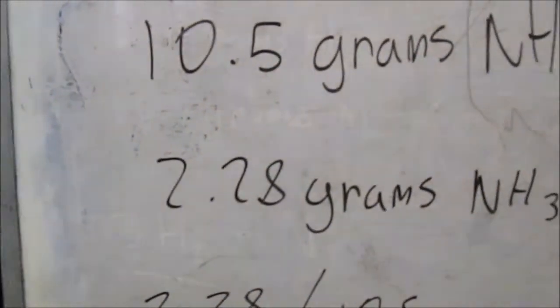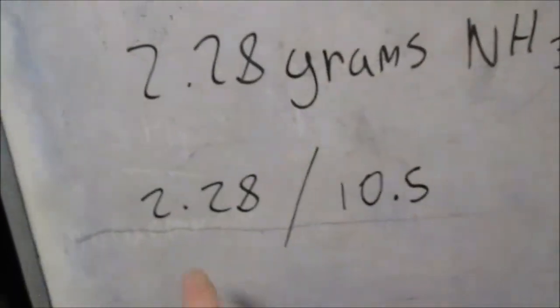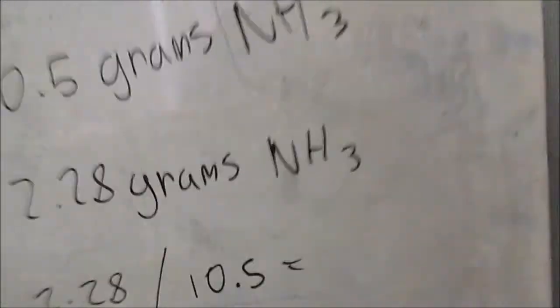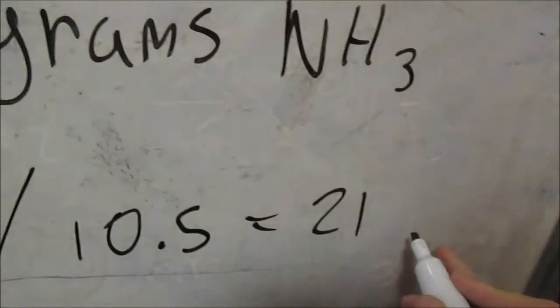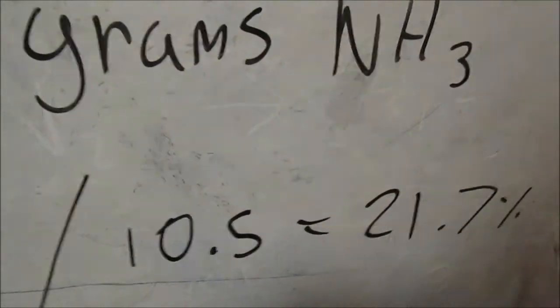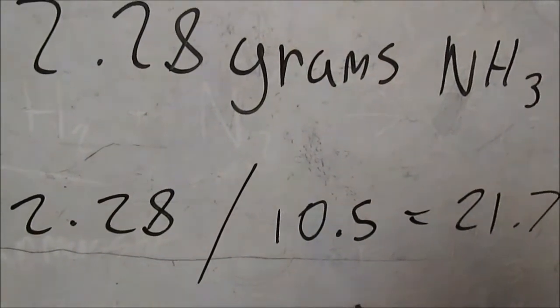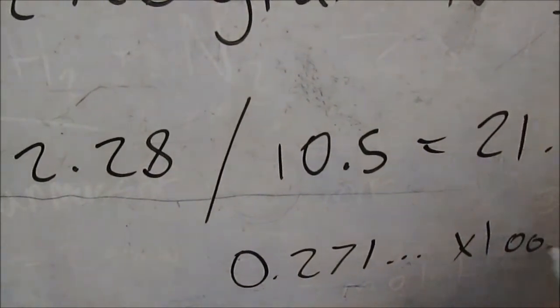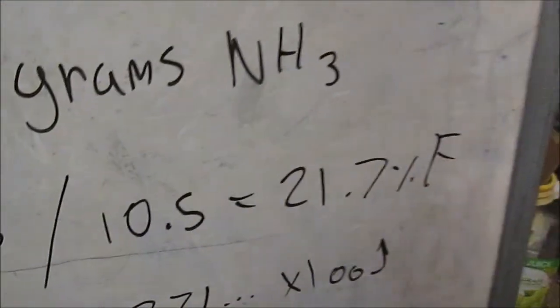Assuming 10.5 is 100%, an A, and 2.28 is the F you got on whatever test you just took, divide your grade by the maximum, and that tells you your percent yield, which in this case is an extremely low 21.7%. Now, these actually give you a decimal, 0.217, and you just multiply that decimal by 100 to find your percent yield, which is 21.7. F. You failed at producing ammonia.